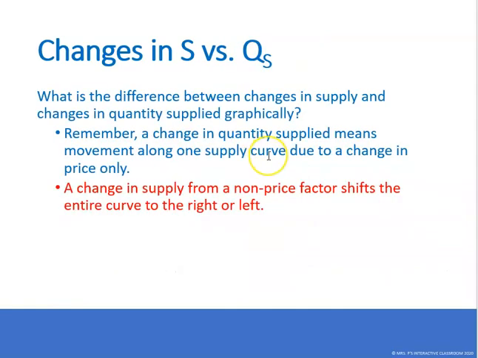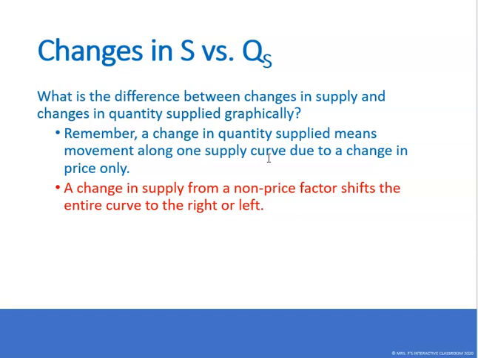So what is the difference between changes in supply and changes in quantity supplied graphically? Remember, a change in quantity supplied means movement along one supply curve due to a change in price only. A change in supply from a non-price factor shifts the entire curve.